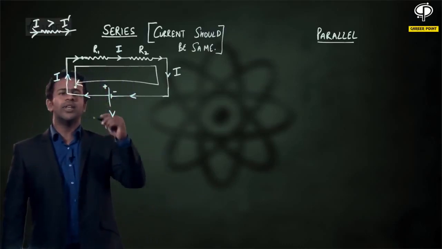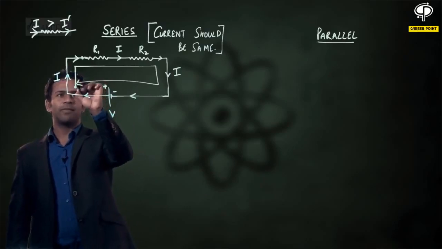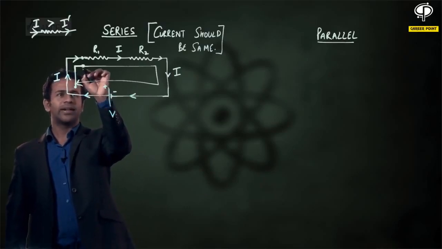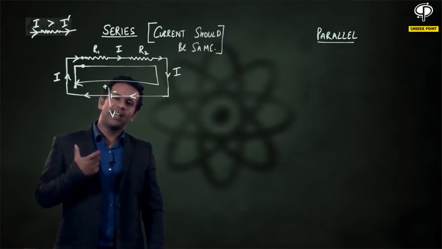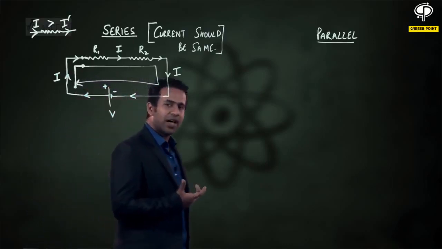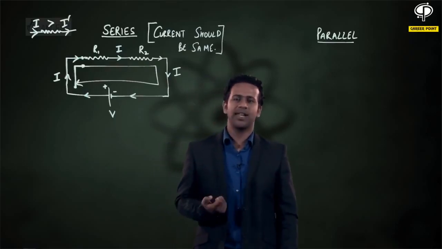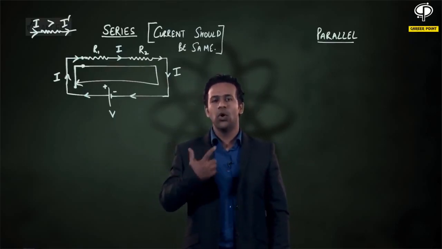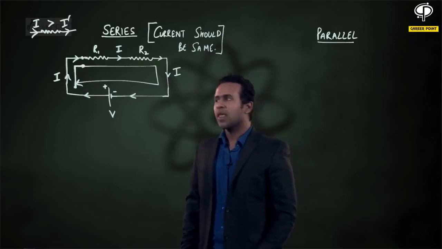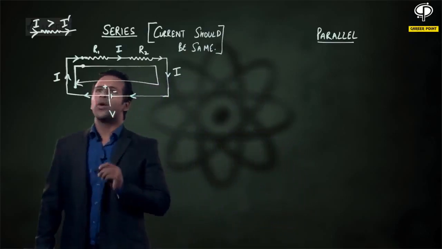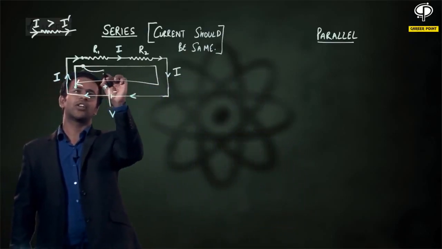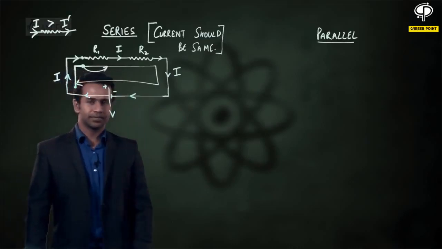During this journey, from this point to this point, you are only encountering a conducting wire, and we saw that conducting wire has constant potential and hence there will be no potential difference. The first potential difference will be encountered across this resistor.